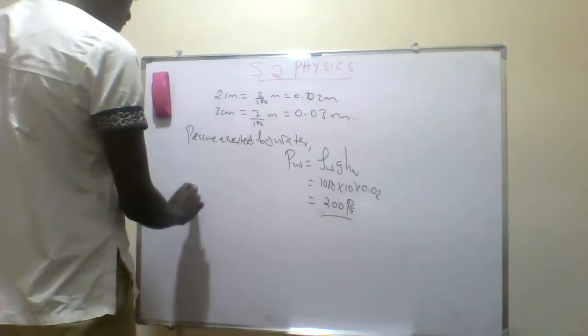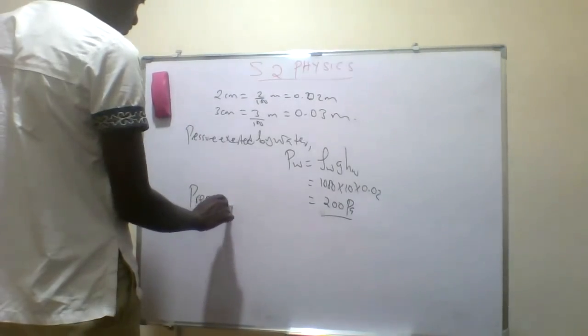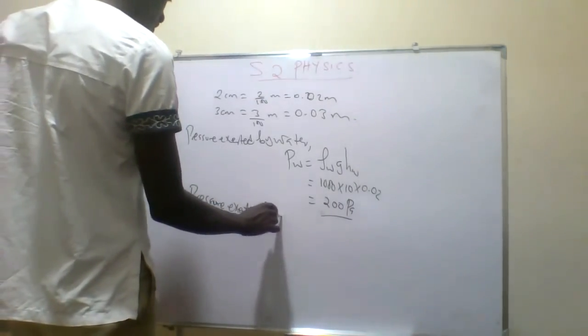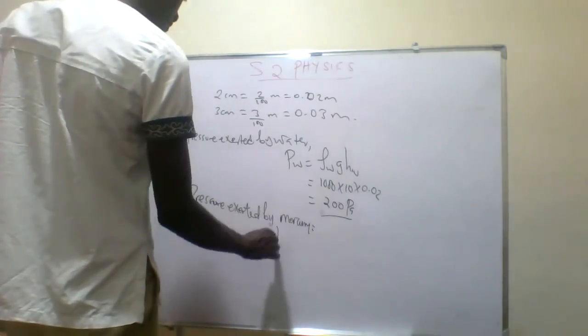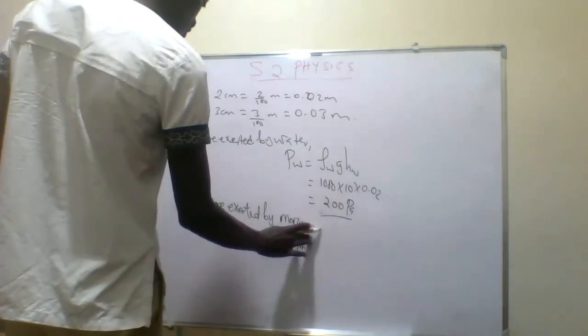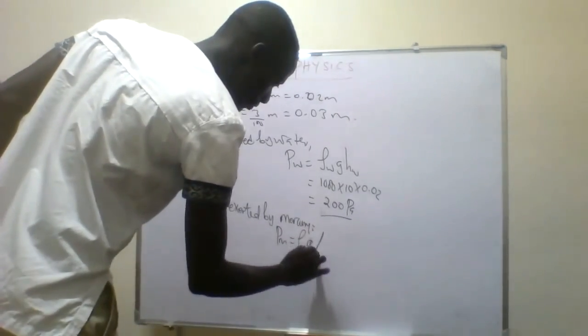So we go to the pressure exerted by mercury. Pressure exerted by mercury is the density of mercury, g, times the height of mercury.